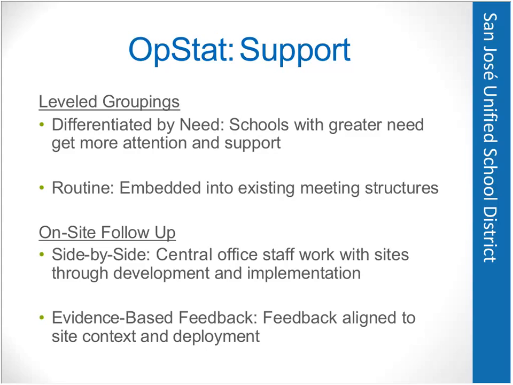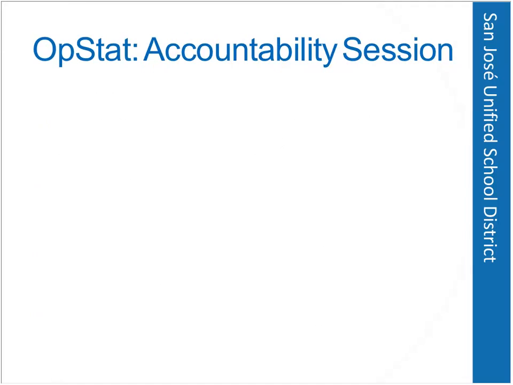Based on what you put in your plan, here's what we're observing at the site, here's the impact it's having on students. And that feedback is woven throughout our system. So a principal and a site can expect to receive that feedback not just from the superintendent or an assistant superintendent, but also from a director, from a manager, from a coach, and it all links back into their focal area under OffStat.